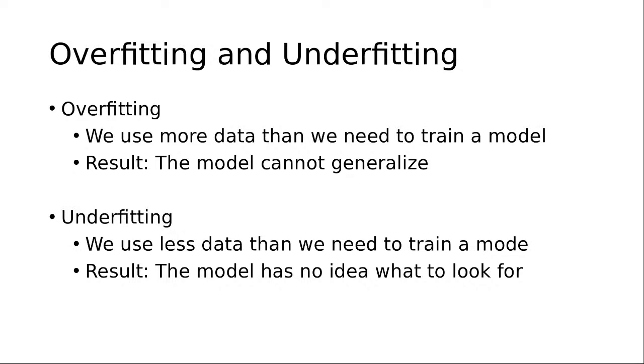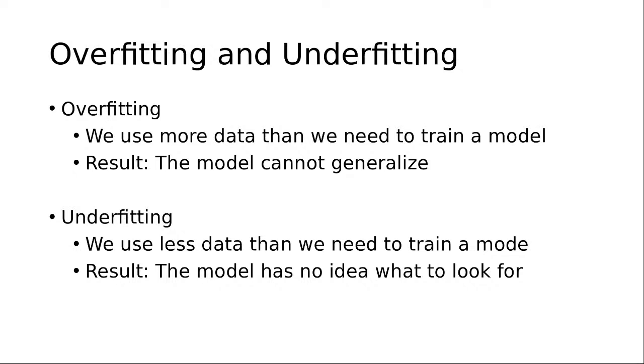So the end result here is the model becomes difficult to adapt to changing situations. Essentially the model says, you know what, I've seen it all, I don't need to care about it anymore, I'm going to do my own thing. Sort of like how we do when we deal with our parents.